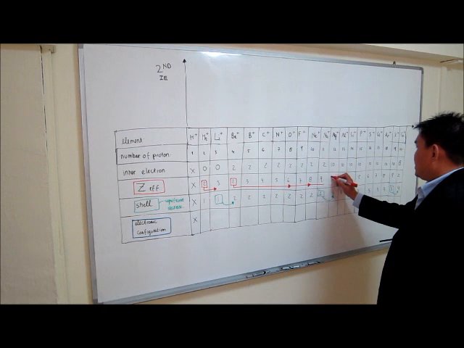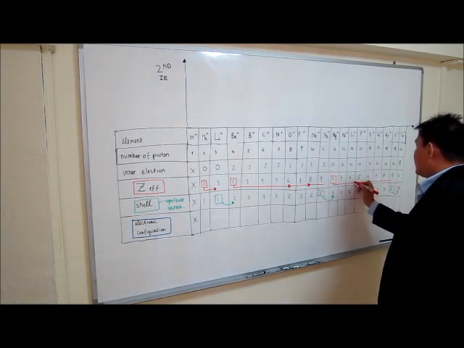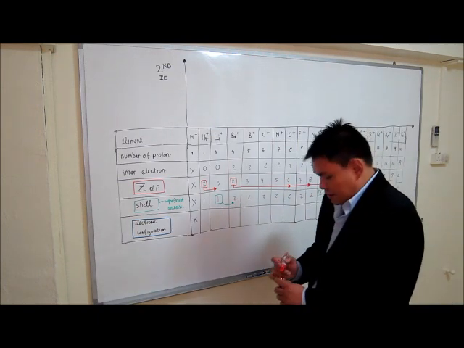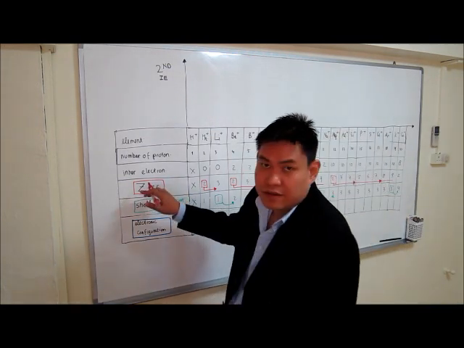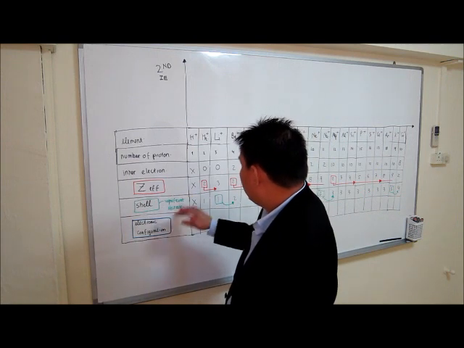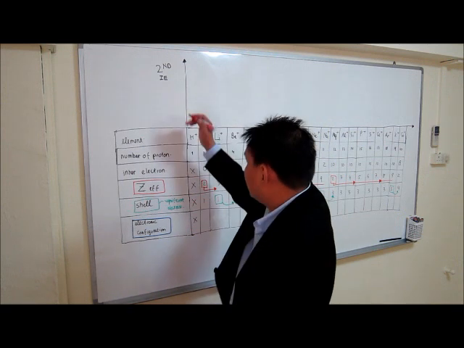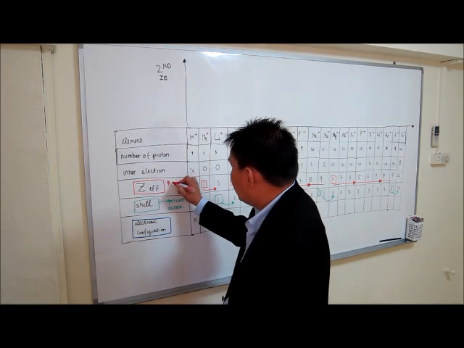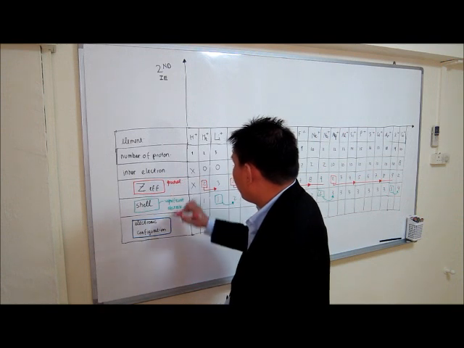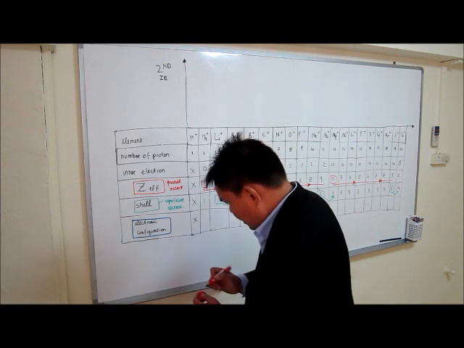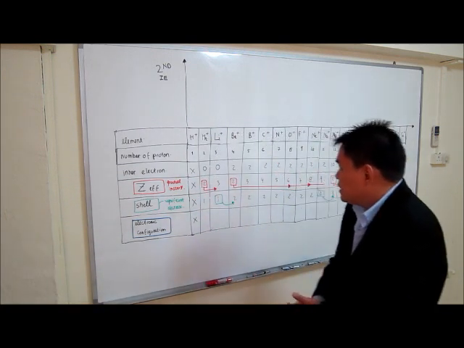The same thing happens also from Mg+ to K+. So effective nuclear charge here will have the effect of gradually increasing the second ionization energy. So I mark here a gradual increase in second ionization energy.